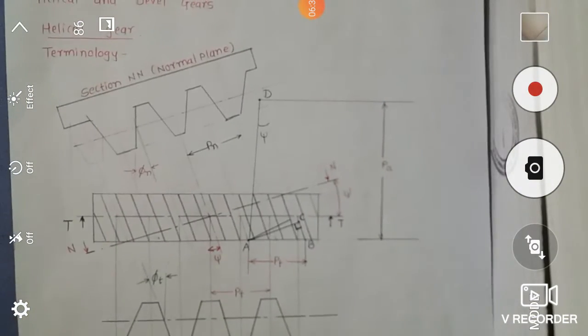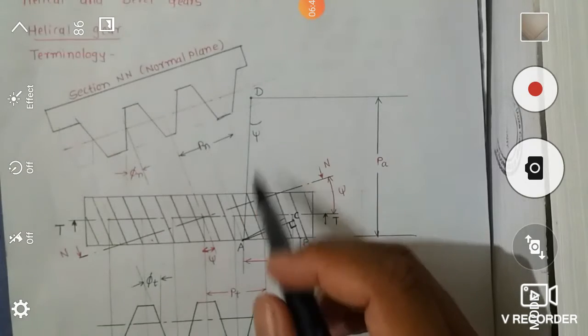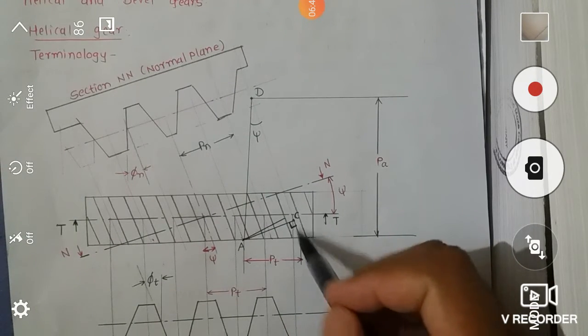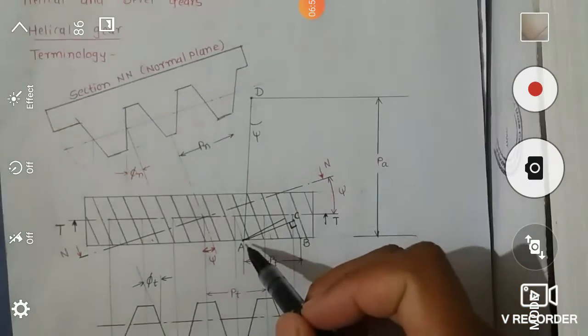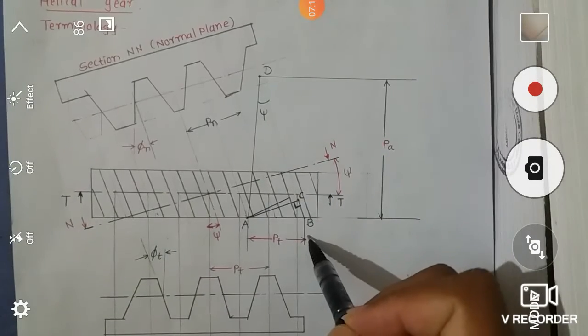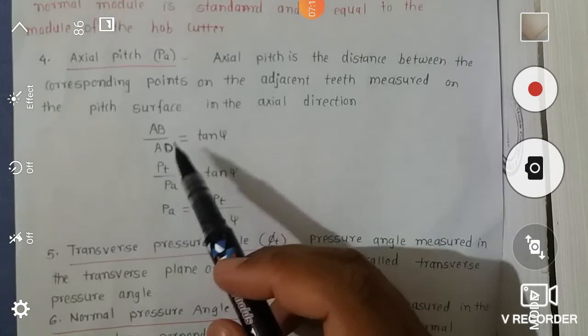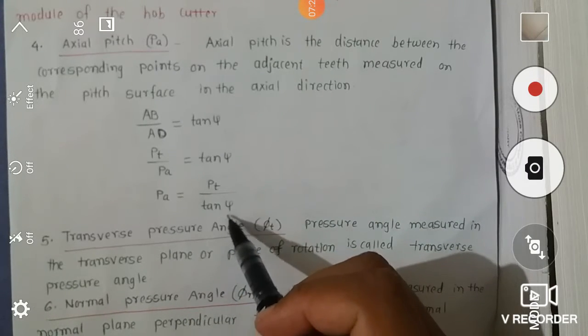Here if we draw a straight line parallel to the axis of the gear, and extend the CB line so that it intersects this vertical line at D, then in this triangle, AB is the PT distance and AD is the PA distance. So AB upon AD is equal to tan psi, therefore PT upon PA is equal to tan psi, and therefore PA is equal to PT upon tan psi.